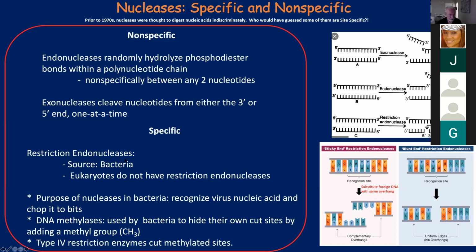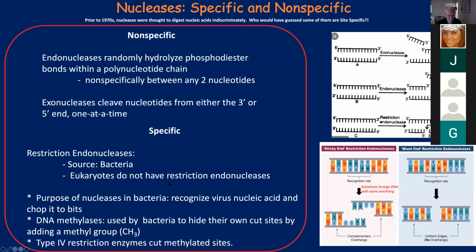So restriction endonucleases, the source is always bacteria. Eukaryotes do not have restriction endonucleases. And in bacteria, the purpose of a nuclease is a defense mechanism against viruses.